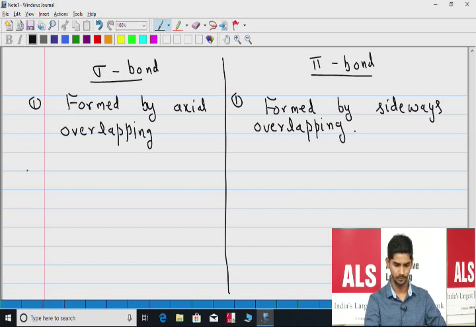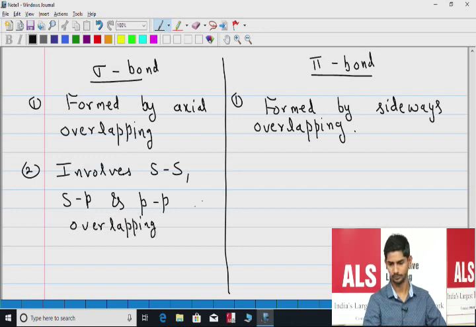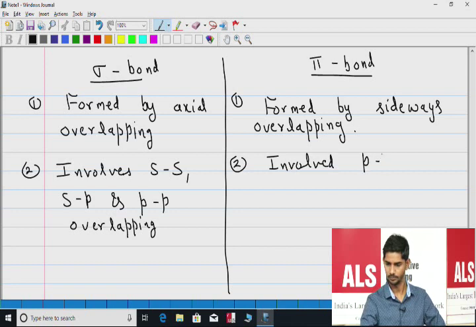Number 2, sigma bond involves ss, sp and pp overlapping. Pi bond involves pp, pd and dd overlapping.